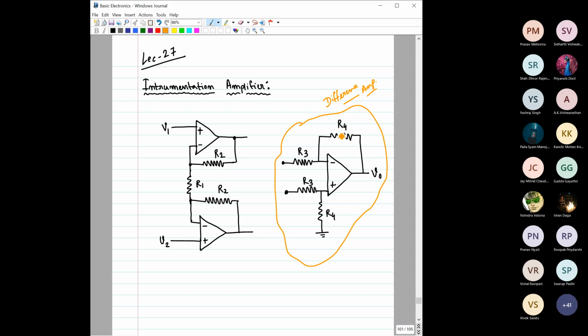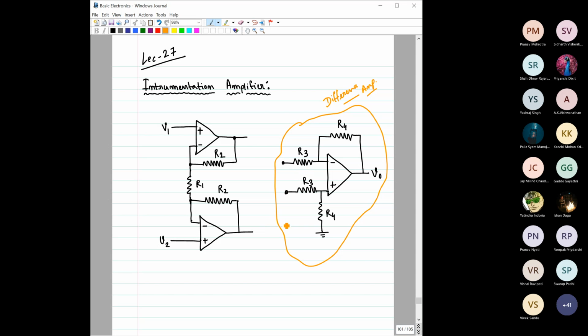But before that, see here the ratios of these resistances are maintained. It is R3, it is R4, and this is also R3, this is R4. So the ratio of these two resistances is equal to the ratio of these two resistances, right? So whatever the voltage difference between these two, V output would be equal to R4 by R3 into the difference of these two voltages, right?